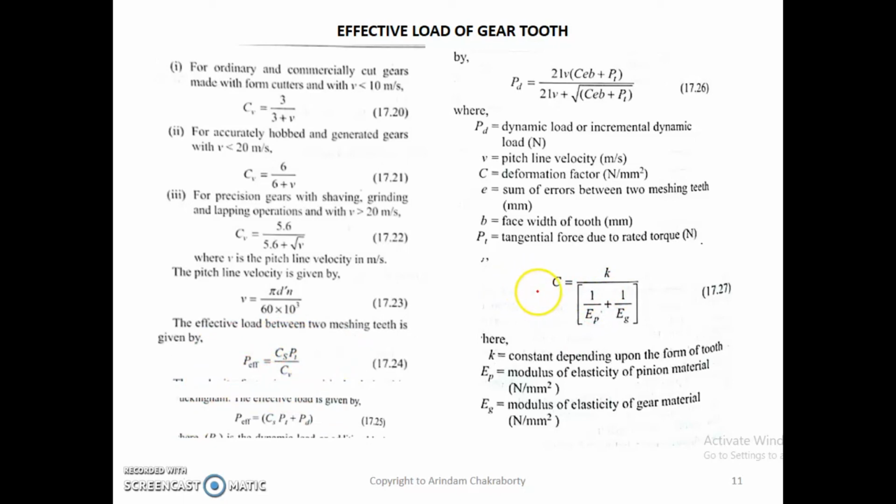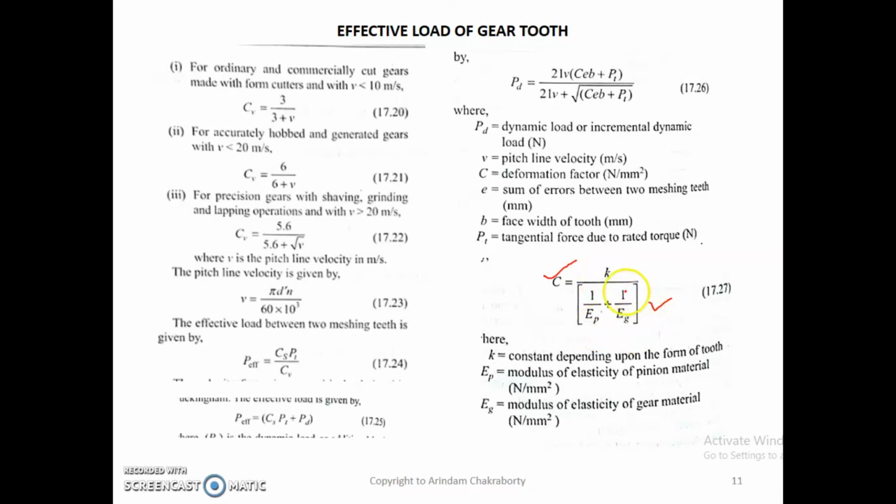Next, C is the deformation factor. How much it will deform depends on the elastic limit, or the modulus of elasticity. If it's a ductile material it works, but if it's a brittle material it will not, because it is only valid for ductile. That way C is equal to K by 1 by EP plus EG.